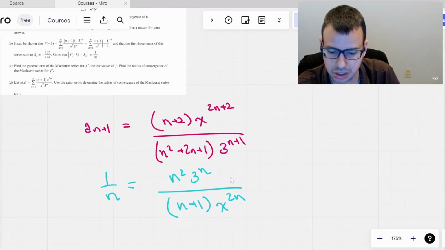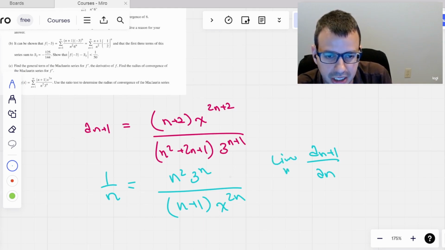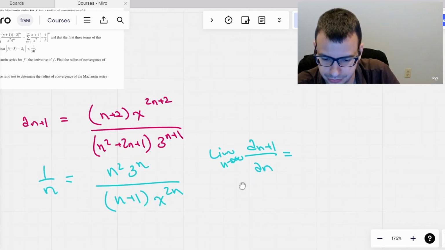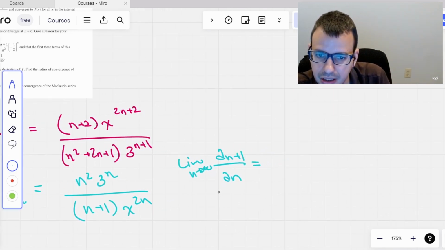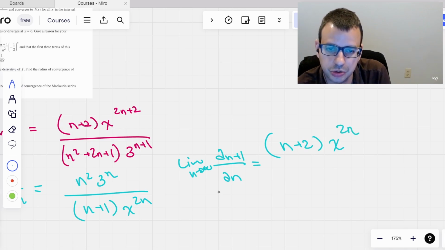So then an plus 1 divided by an, well, this really should be limited as n approaches infinity, equals, this is going to be a bit messy, I apologize, (n plus 2) x to the 2n. I'm going to take out 2 of the x's here, so I'm going to have x squared.